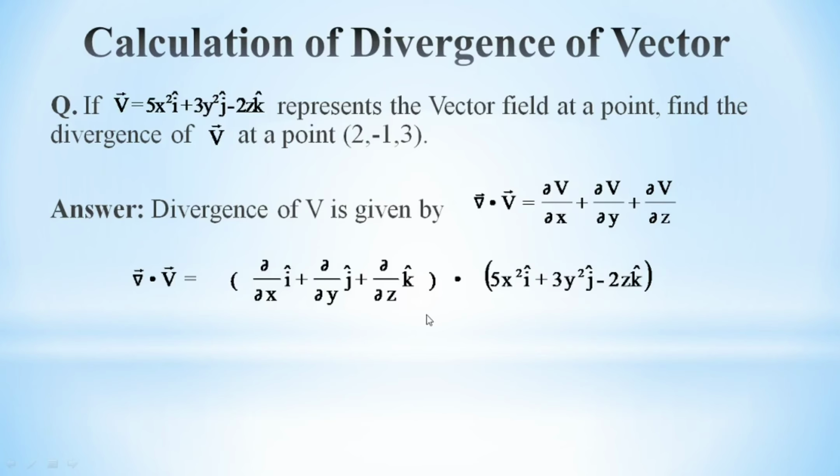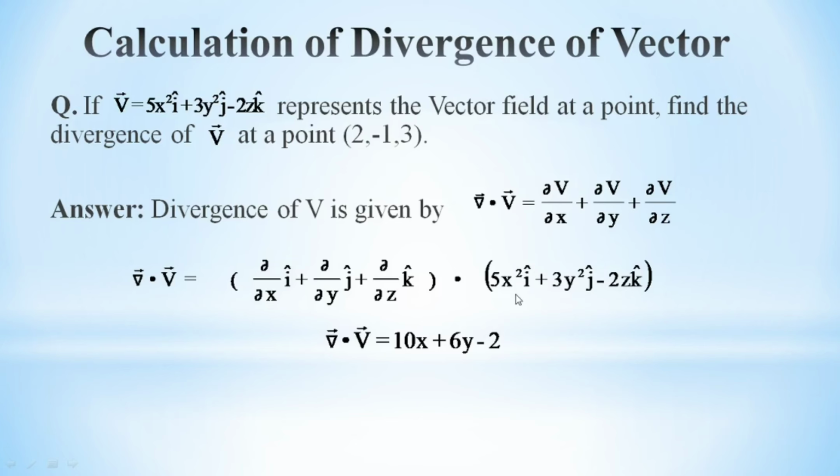As we have learned from the previous class, if we do partial differentiation, we will get the result as 10x plus 6y minus 2. With respect to x, the last two terms become 0. With respect to y, the first term and last term become 0. With respect to z, the first two terms become 0.